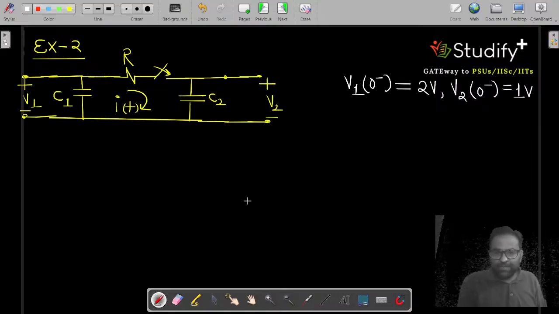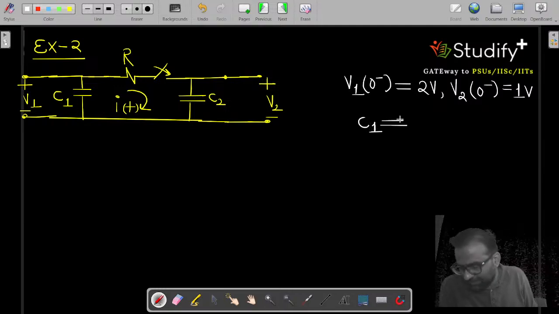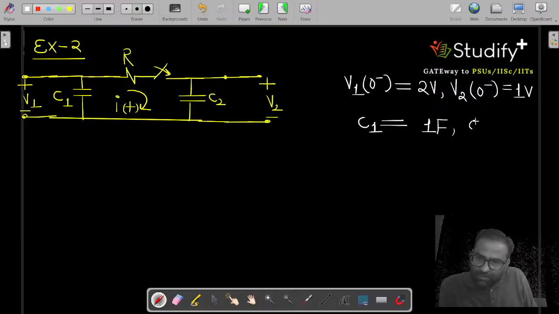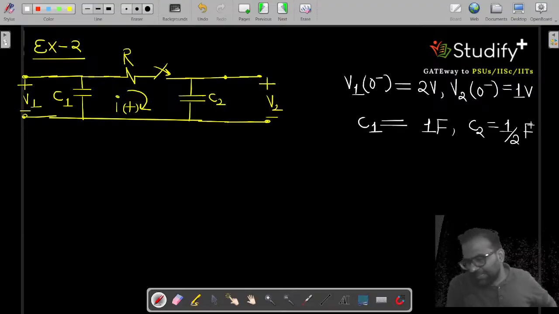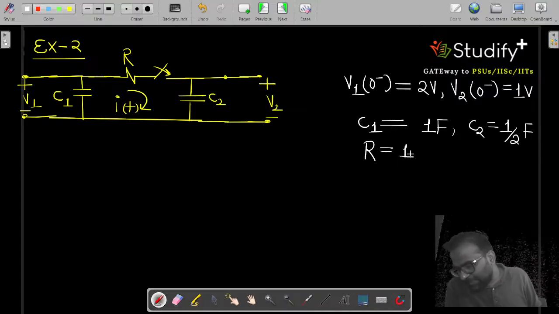The value of capacitor C1 is given as 1 farad. The value of capacitor C2 is given as half farad. And the value of R is given as 1 ohm. Correct.